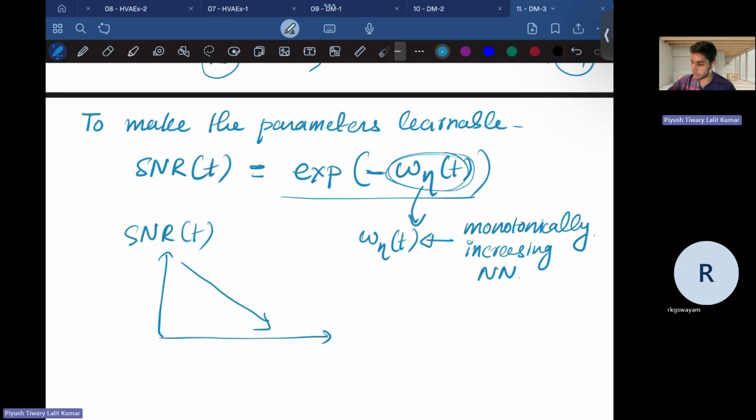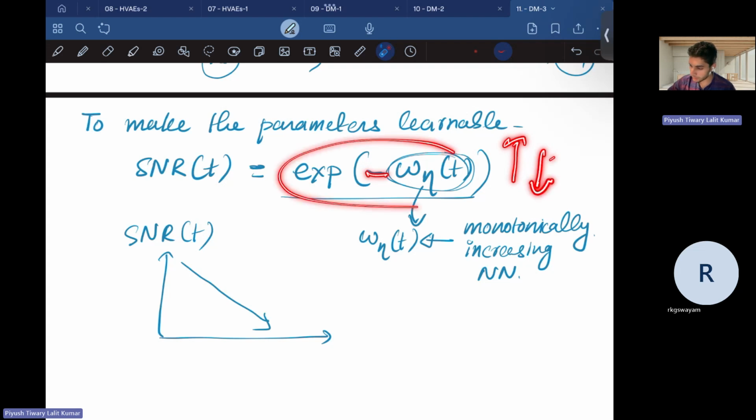If omega eta is increasing, minus omega eta is decreasing, and the exponential of a decreasing thing is also decreasing. This is how you can parameterize it.